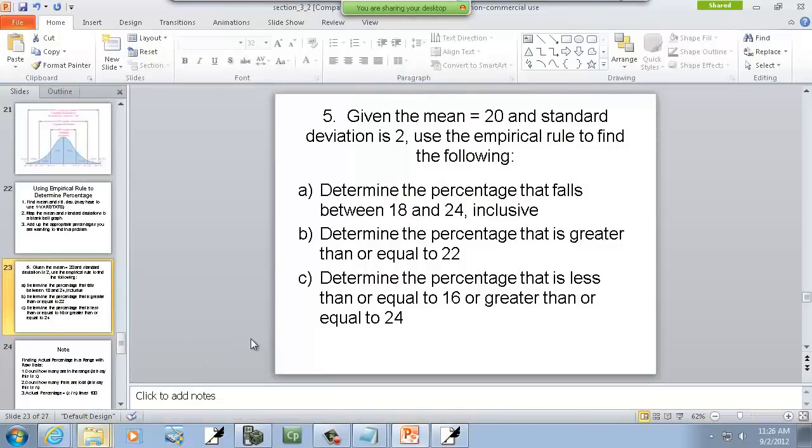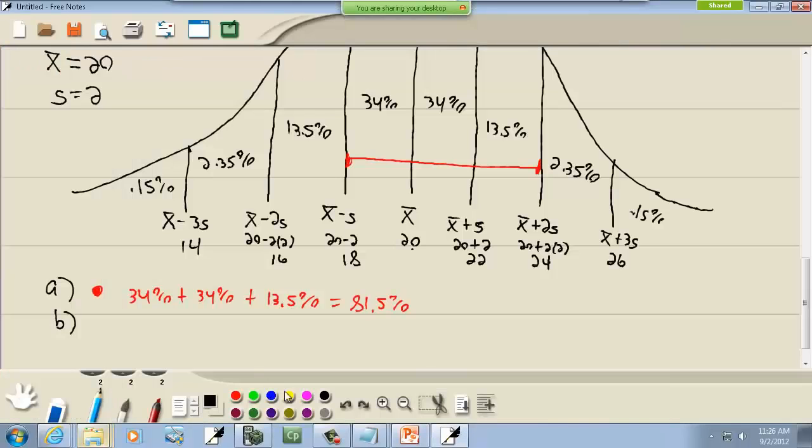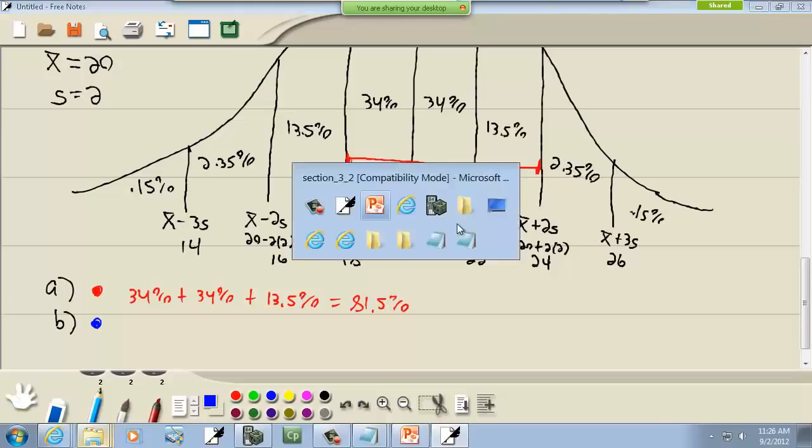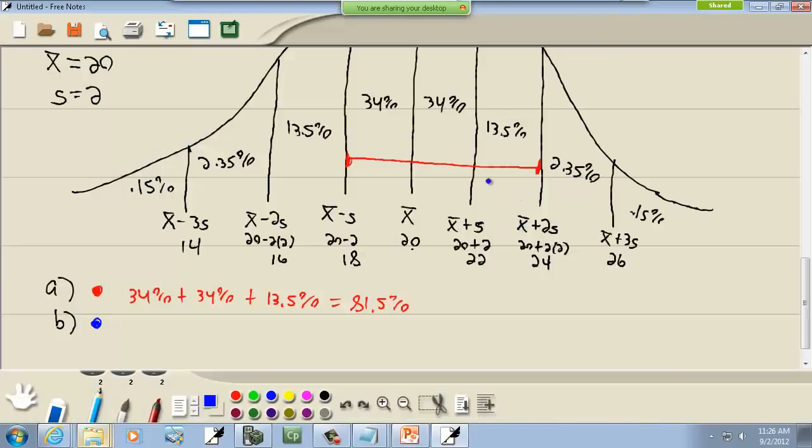Now B, determine the percentage that is greater than or equal to 22. I'll make this blue. Greater than or equal to 22. Well, here's 22. Greater than or equal to. That'd be everything to the right. So these three here.